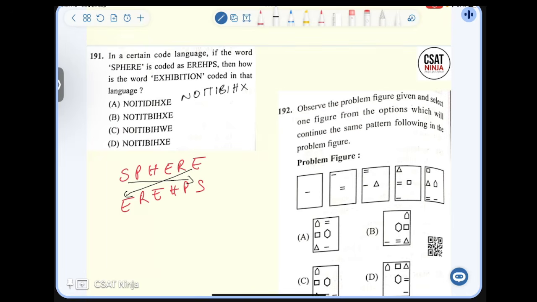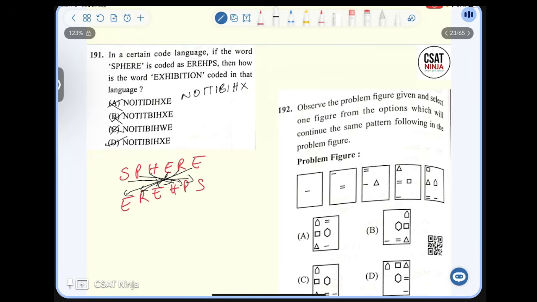NOITIPIHX. NO. This one is cancelled. NOITIP. That means this one is cancelled. VIHX. So which means the answer is this one. So this one goes here, this one goes here, this one goes here, just interchanging. Reverse order only, so nothing much. Whenever you see this kind of question, directly just write the reverse of this one, and you will get the answer by that.